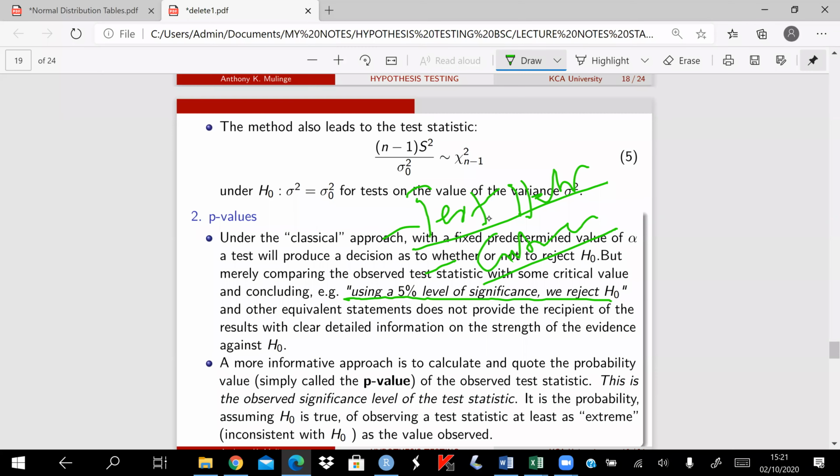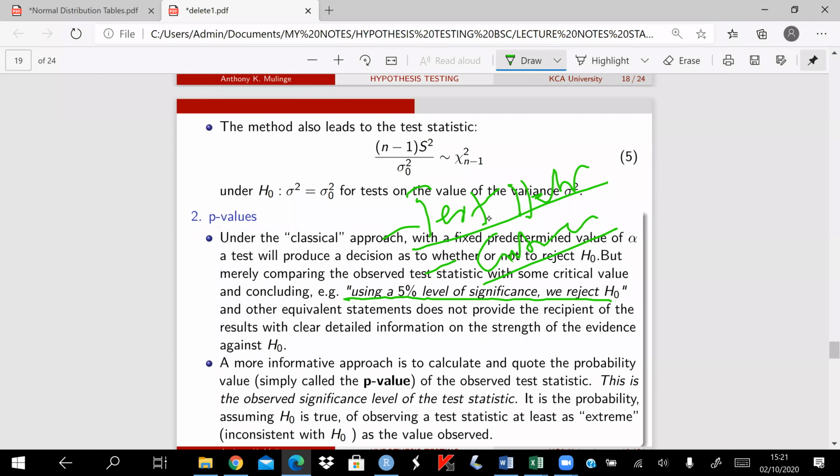The p-value is usually called, in long form, a probability value. A p-value is just a probability value. So you calculate a p-value, or probability value, of the observed test statistic.